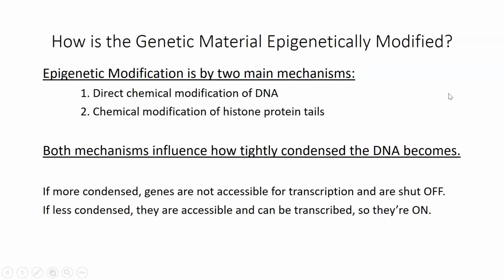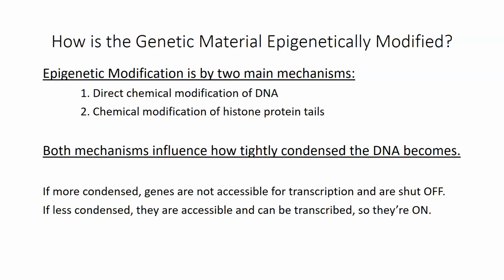Both of these can affect how tightly DNA is condensed in the chromosome. If you remember, that's called heterochromatin, tightly condensed, or euchromatin, loosely condensed. If DNA is tightly condensed, it's not accessible for transcription, and you consider genes packed in tightly condensed DNA in heterochromatin to be silenced.